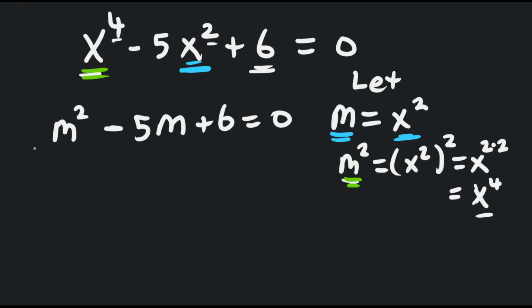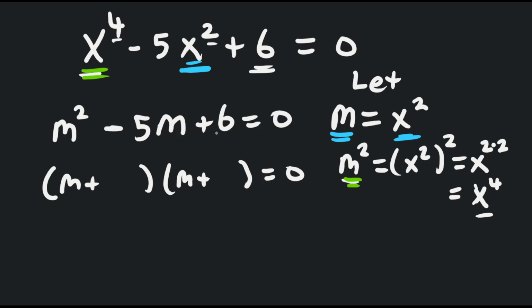We have a proper quadratic equation that we know how to solve, and it's up to us how we want to solve it. We could either complete the square, we could use the quadratic formula, or we could factor it. I will go ahead and factor it since I know its factors, so m plus something, m plus something equals 0.